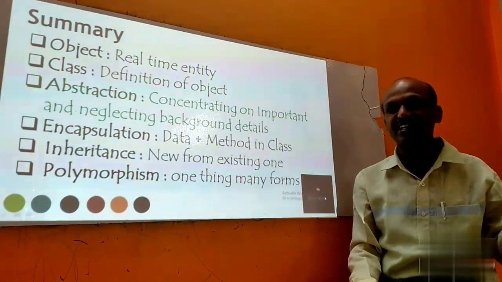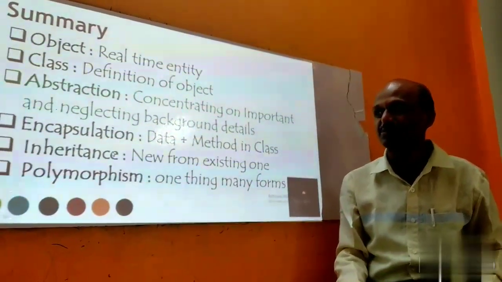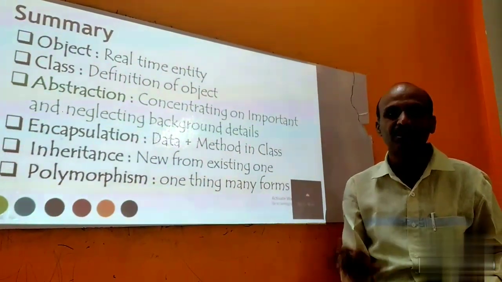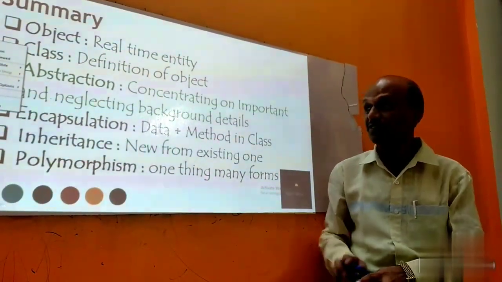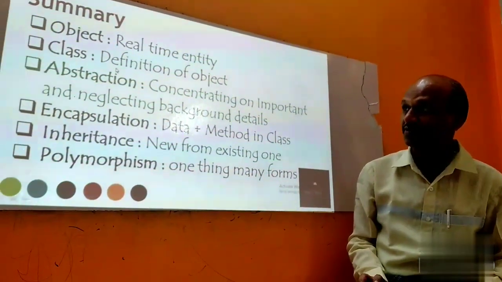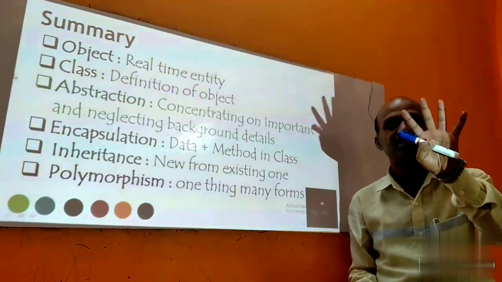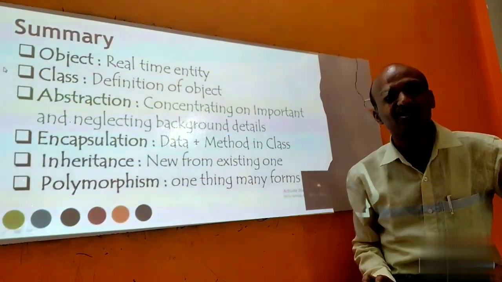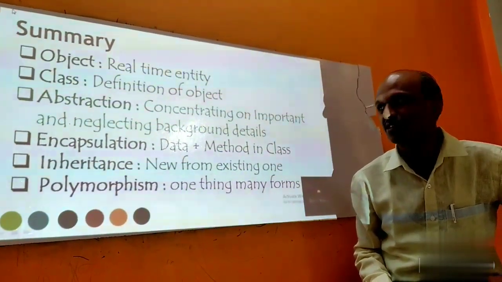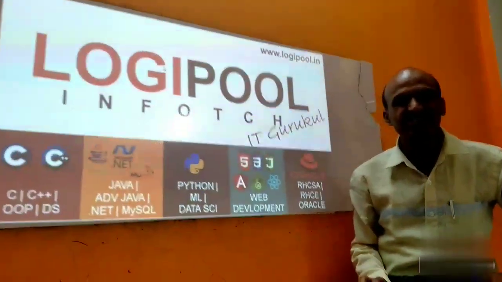Polymorphism, one thing, many forms. So these are the concepts. Abstraction, encapsulation, inheritance, polymorphism: these four things are called the basic four pillars of object-oriented programming. So here we stop, my student.